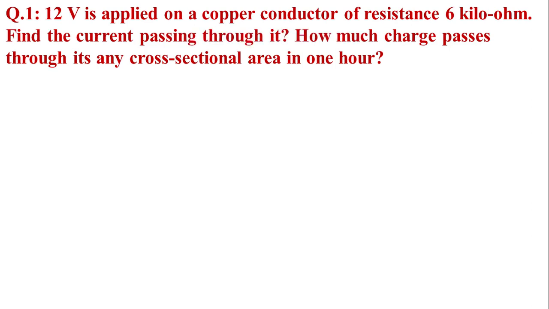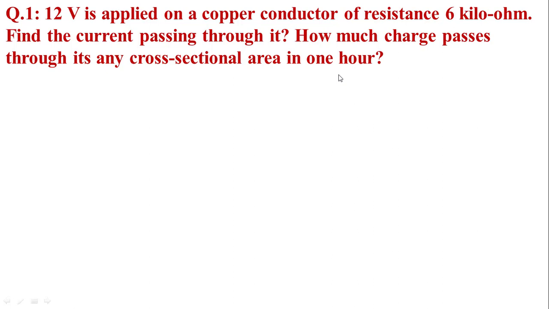In question number 1, according to the given statement, 12 volt is applied on a copper conductor of the resistance of 6 kilo ohm. Find the current that passes through it and how much charge passes through any cross-section area in 1 hour.